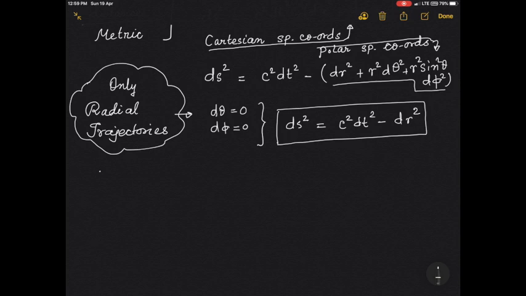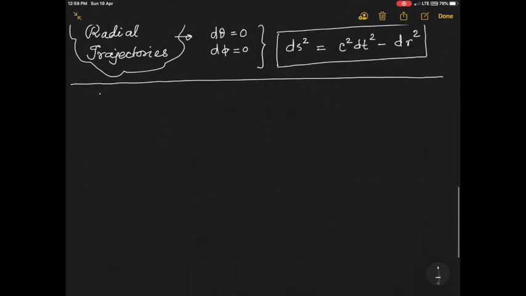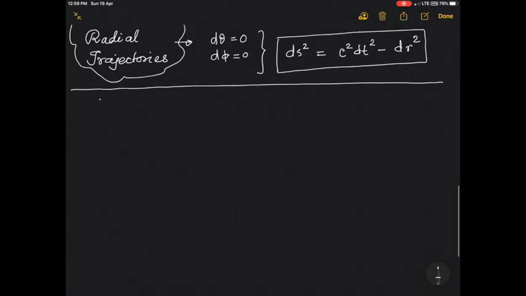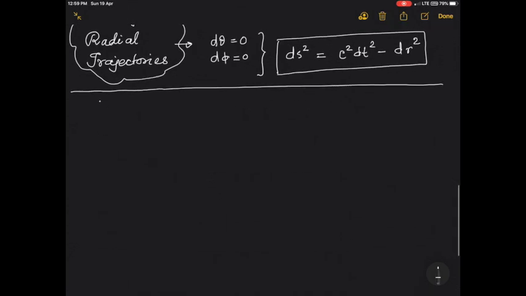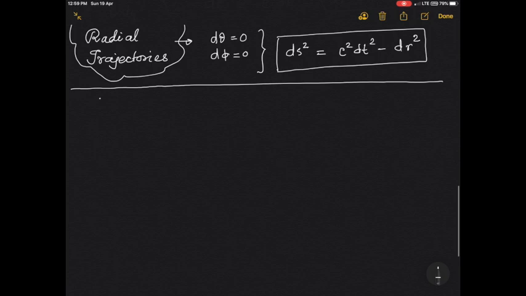Let us discuss a little bit about the space-time diagram that we had before, and we will only talk about radial trajectories. So ds square is c square dt square minus dr square. Now, how do I draw a space-time diagram?